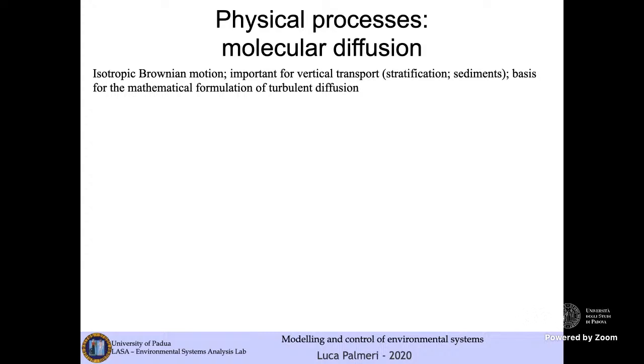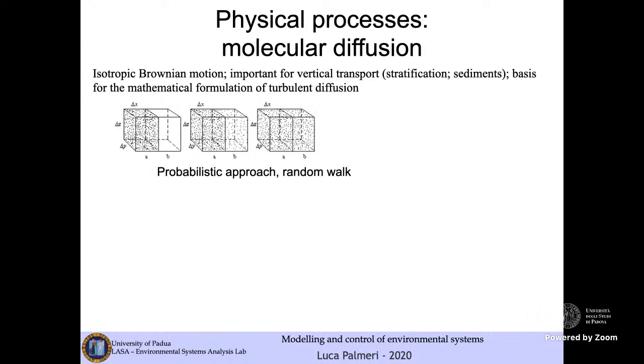This is why we need to introduce this new approach, because we want to end up with a complete transport model that describes also turbulent diffusion, that is the most complicated diffusion processes that we may conceive.